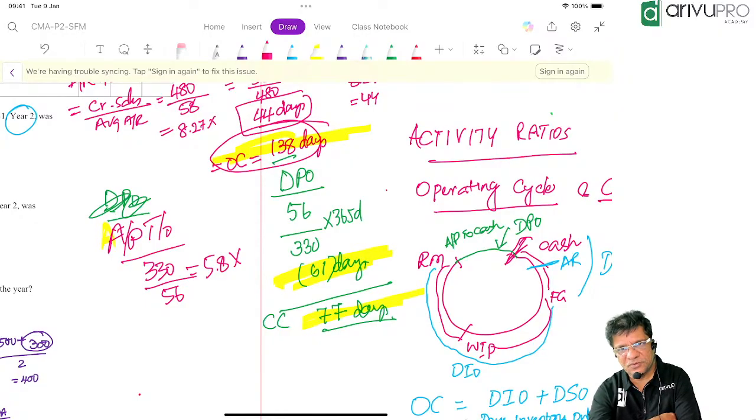DIO, DSO should be shorter. Days of inventory outstanding, days of sales outstanding should be lesser. With the operating cycle only, you should reduce the cash cycle. Both should be less.